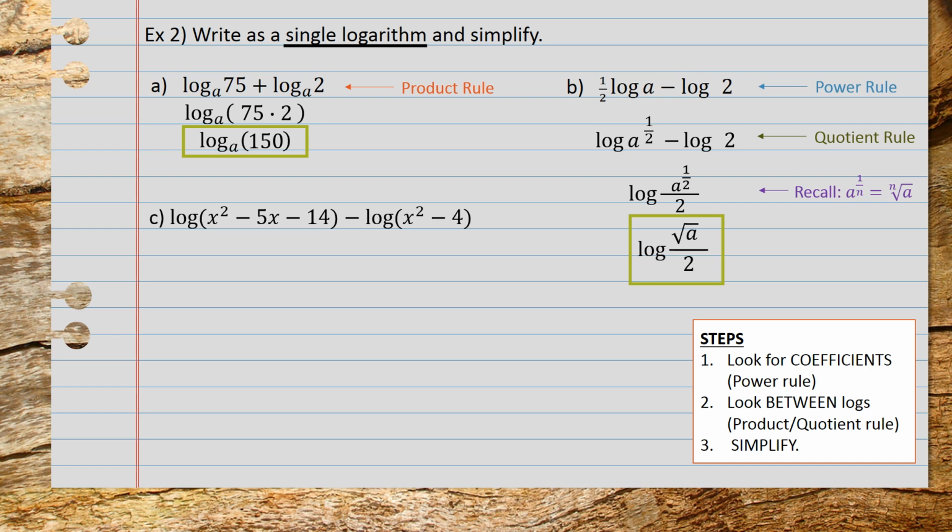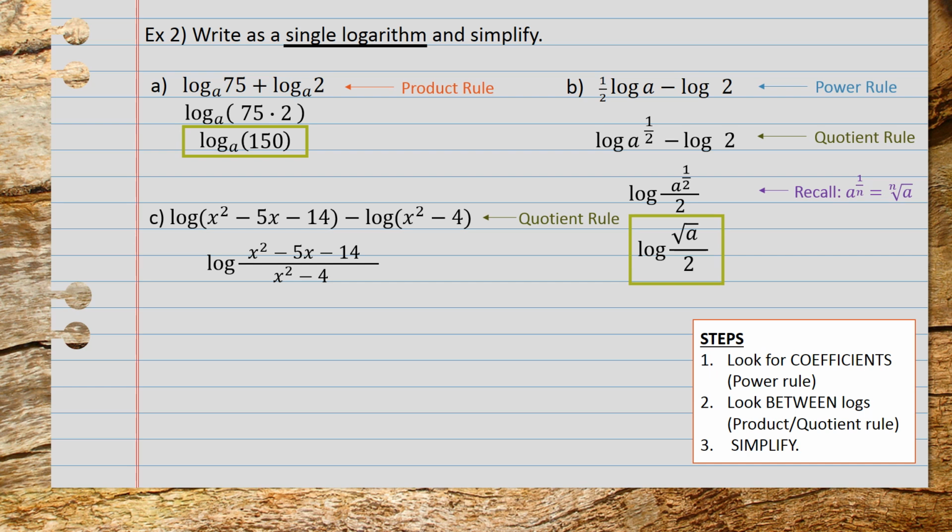Because it's a minus or subtraction, we will apply the quotient rule. So again, order is very important. Whatever's mentioned first will be in the numerator, which is x squared minus 5x minus 14. Whatever's mentioned second will be in the denominator, which is x squared minus 4.